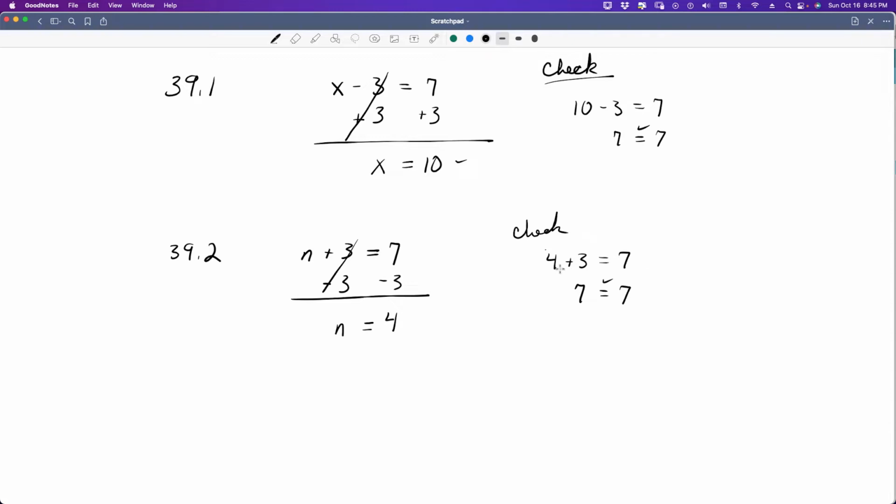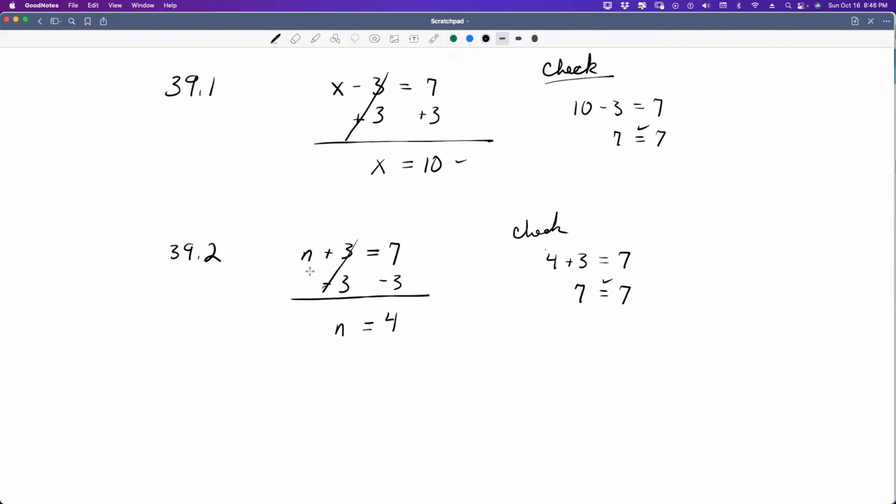And the only time we do something to this side is when we add or take away or multiply or divide on this side, right? If I just keep the things that are already here together, that's not adjusting it, that's keeping it the same. But if I take something away, like I subtracted 3 from this side, that wasn't there already.